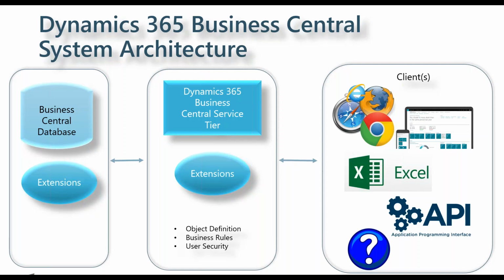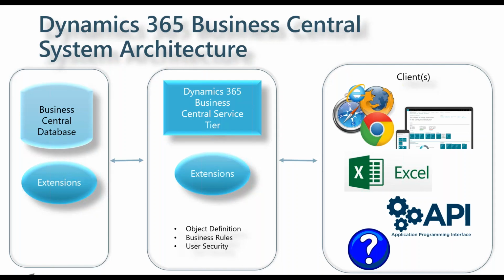Okay, on the right, let's talk about client options. All clients, in essence, are treated the same way from a 365 Business Central perspective. They are going to access the business service tier. When we talk about being a browser-based application, I could be using, as the icons show here, Chrome, Firefox, IE, Safari. I could be using an app.